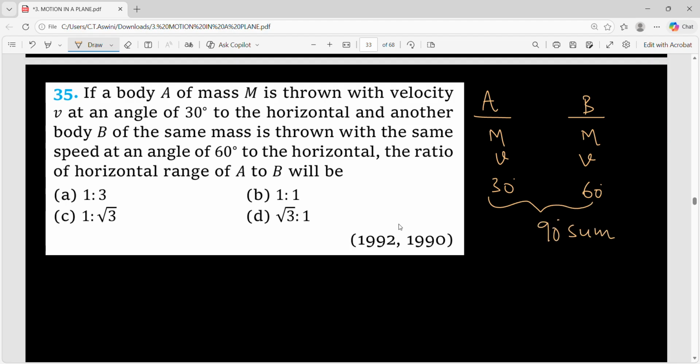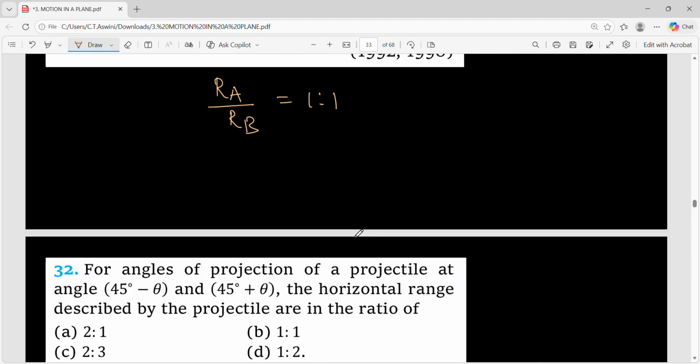What about their sum? It is 90 degrees, right? So what are these two angles? They are complementary angles. The ratio of horizontal range of A to B, that means range of A by range of B. First of all, ranges are equal because they are complementary. So what will be the ratio? 1:1. See how simple it is.